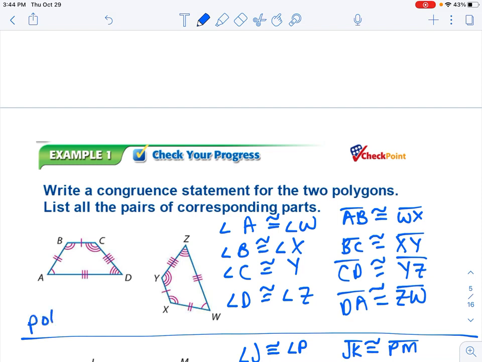So once again, it'll be polygon this time. And if I say CDAB, this will be, start with the triple, YZWX is our congruent statement here. All right, hopefully those weren't too bad there.